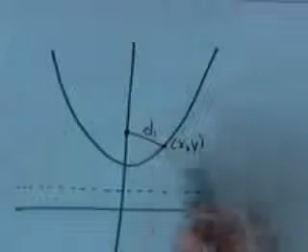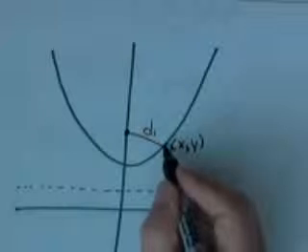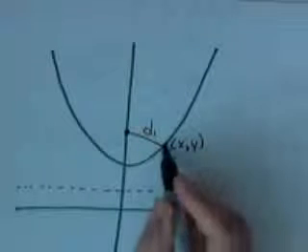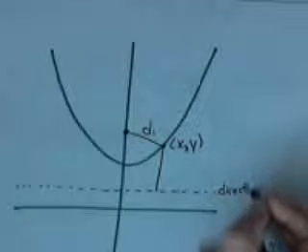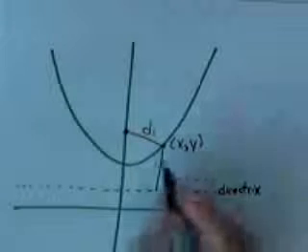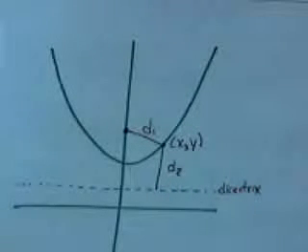We're going to call that d1. That distance is going to be the same as the distance from that same point to the directrix, which is another line that we haven't talked a whole lot about when it comes to parabolas. So d1 for a parabola has to be the same as d2 for every single point on the parabola. That's one of the ways that we define a parabola.